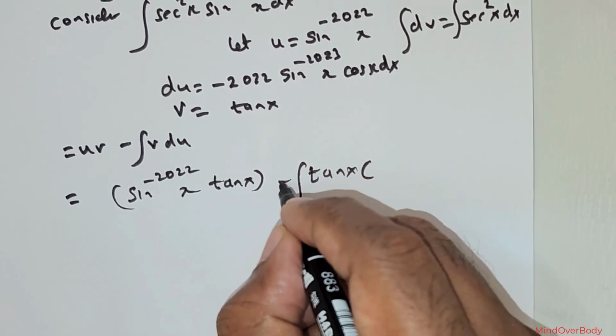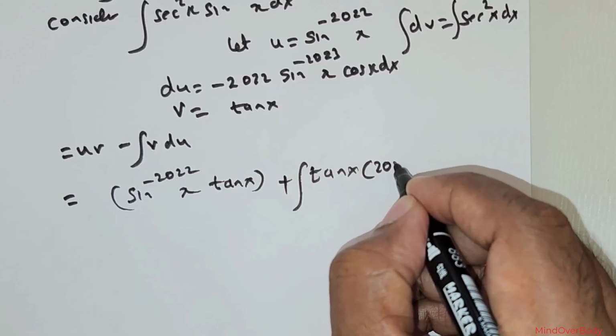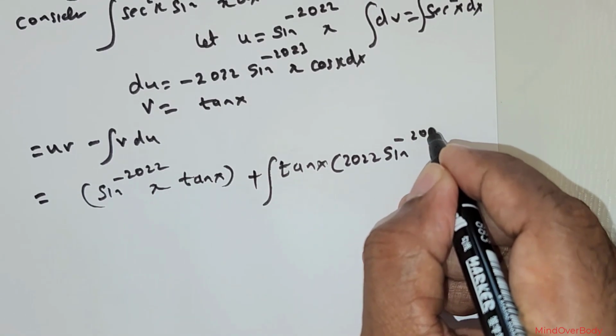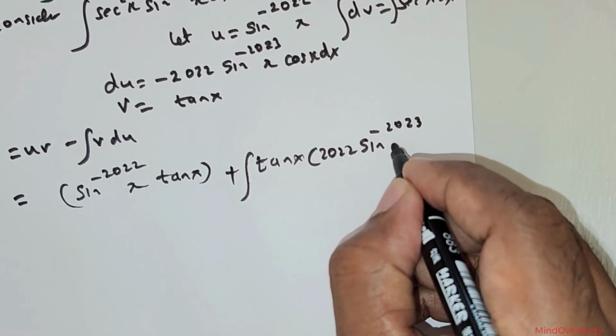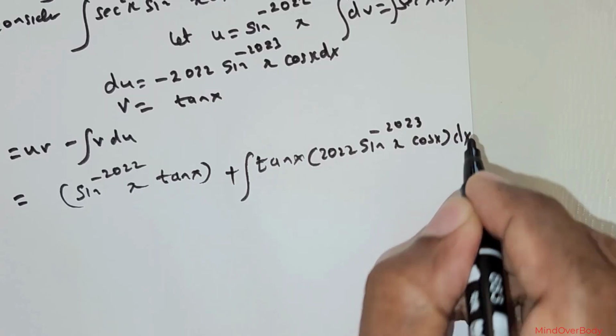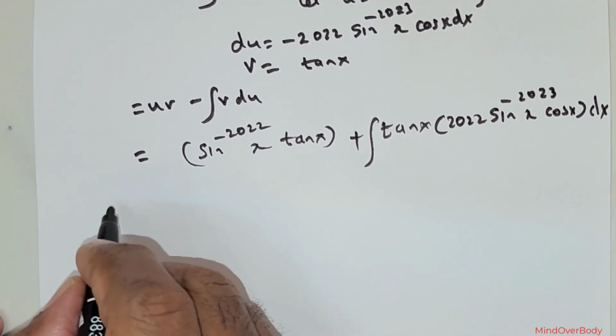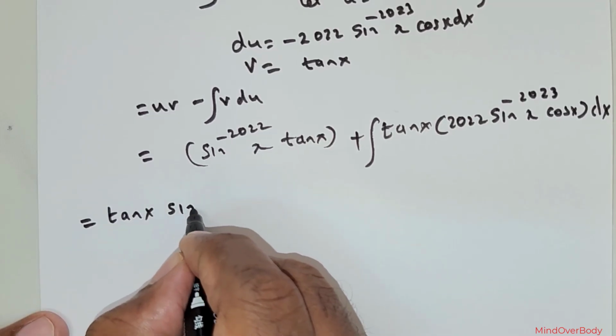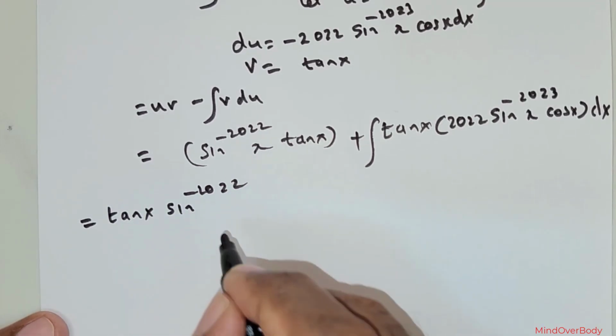So I will place it like this: 2022 times sine raised to the power of negative 2023 x times cos x times dx. So this is rewritten as tan x times sine raised to the power of negative 2022 x.